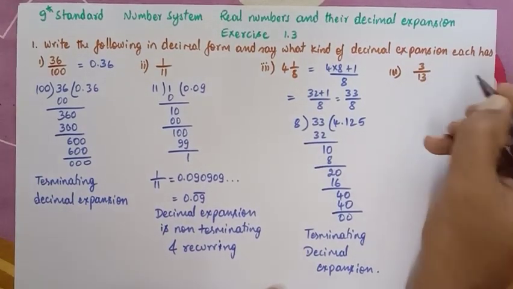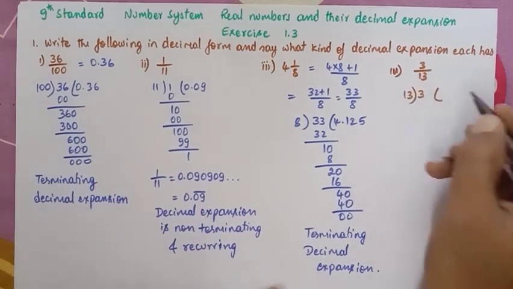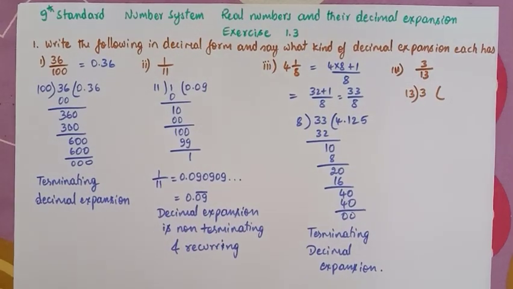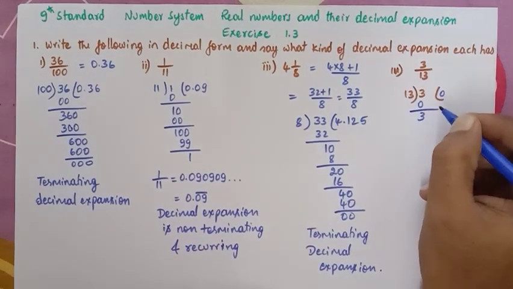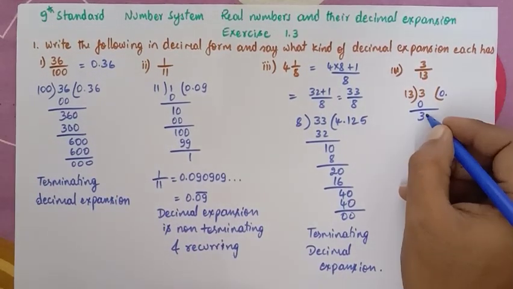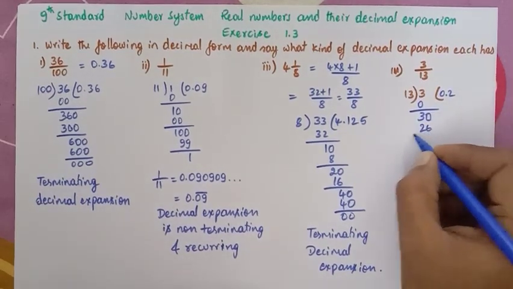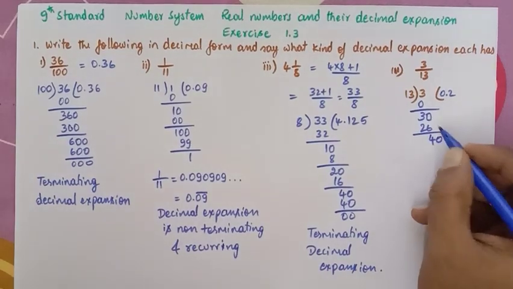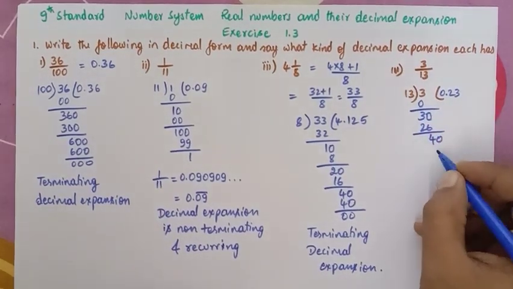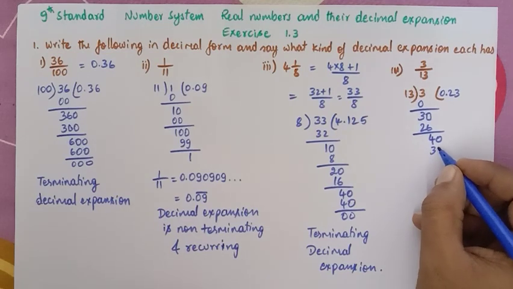3 by 13. For this, 3 13 is right. So what we will do means 13 zeros are 0, so 3 is the remainder. So we will mark a point here, so 0 we will get. 13 2s are 26, so 4 is the remainder. 40 is there. 13 3s are 39.